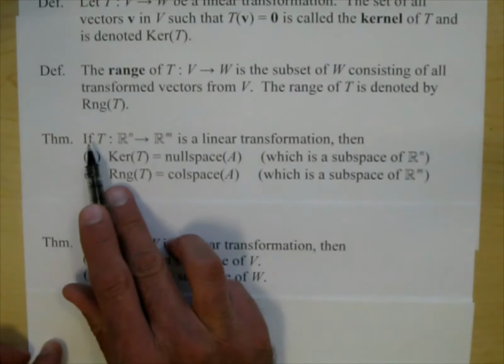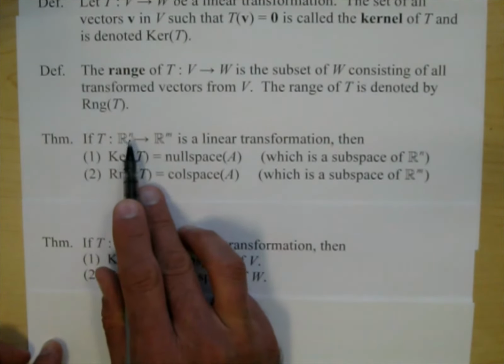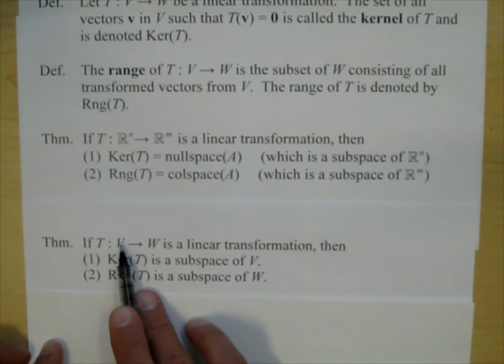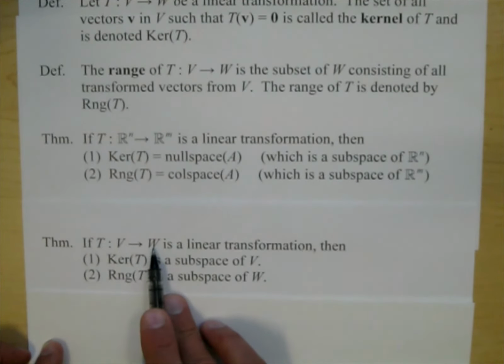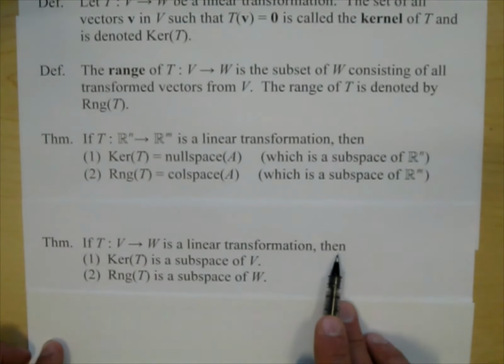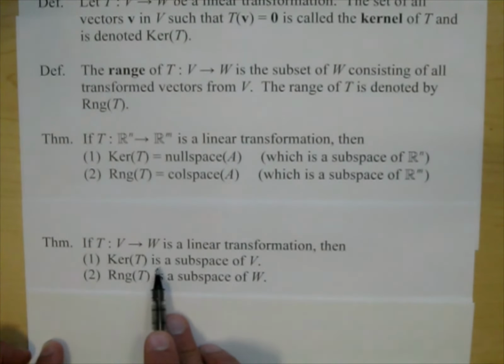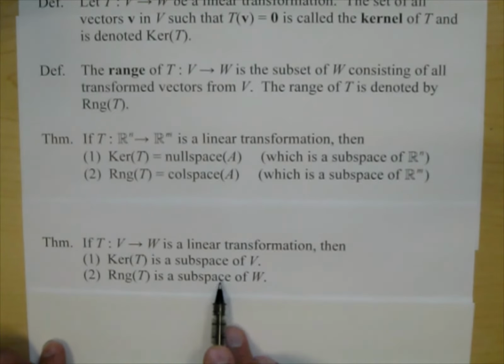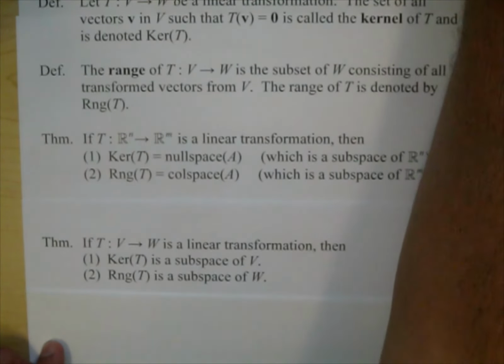Notice the one in the previous theorem, you're going from an Rn to an Rm. Well, this is just a general one. You could be going from 2 by 2 matrices to P7. So a general linear transformation. Then, here's what the theorem says. It says the kernel is a subspace of V, and the range is a subspace of W.